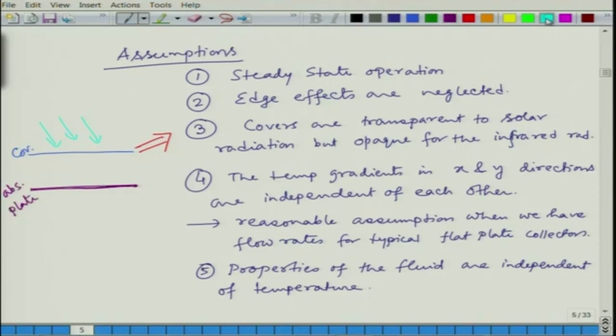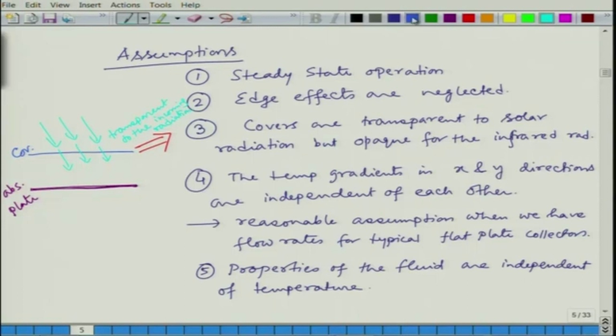Okay. So, now whatever radiation is coming on the cover, it has to go through it, right. So, here you need transparency, it has to be transparent to the incoming solar radiation, otherwise the whole purpose will be defeated, right.